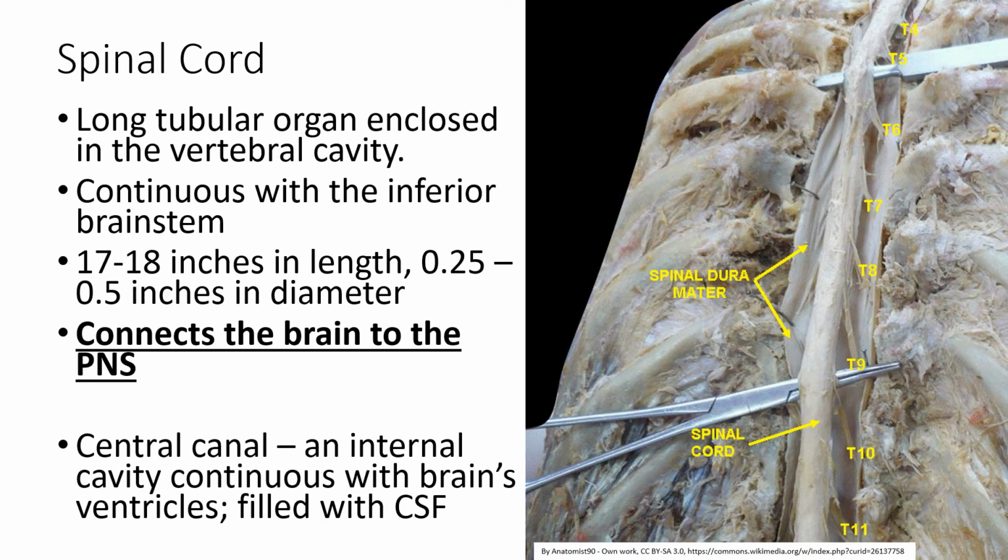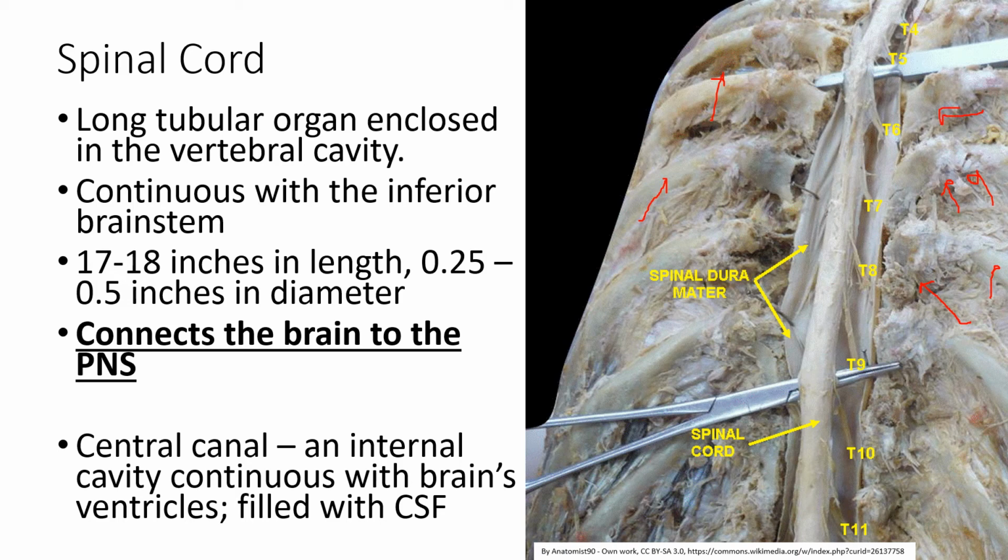So the second portion of the central nervous system is the spinal cord. Just to orient you with this picture here on the right, these off-white bars that you see here are ribs. And you'll remember the ribs articulate with the spinal vertebra. So this is part of a vertebra, and they've basically been sliced through.